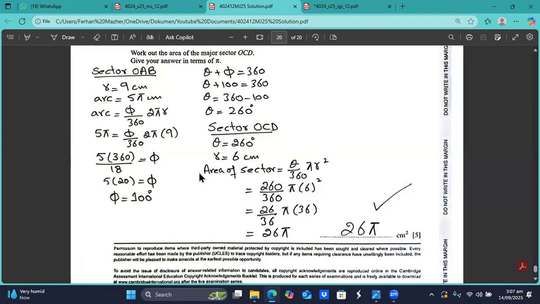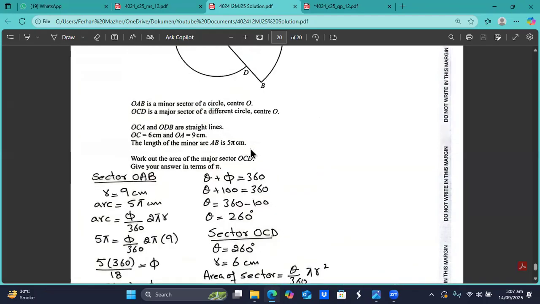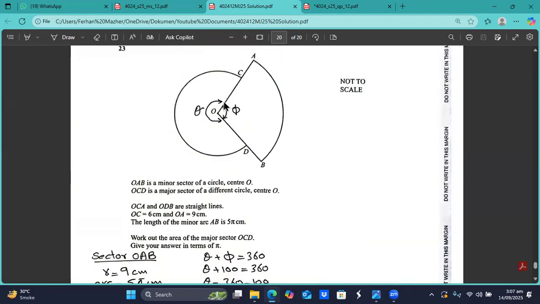The arc is 5π. So arc is θ divided by 360 times 2πr. So 5π equals θ over 360 times 2π times 9. You make θ alone. So θ will be equal to 100 degrees. So this angle here is 100 degrees.